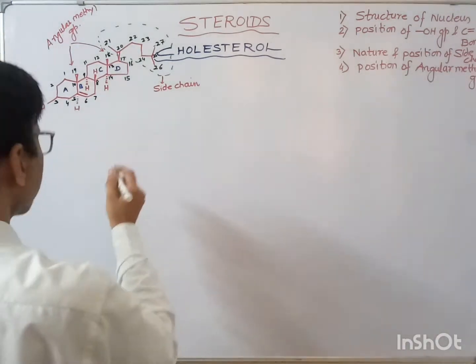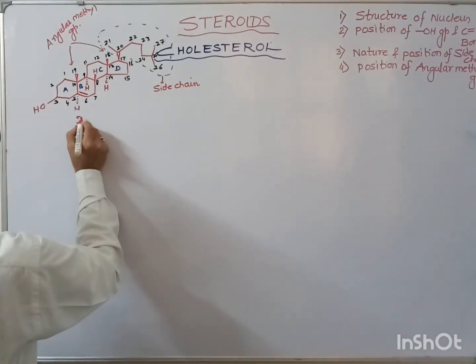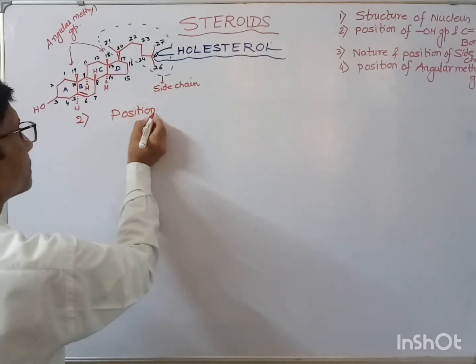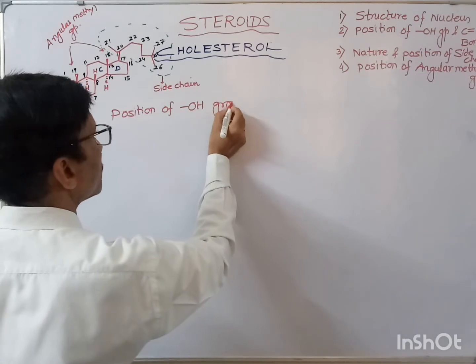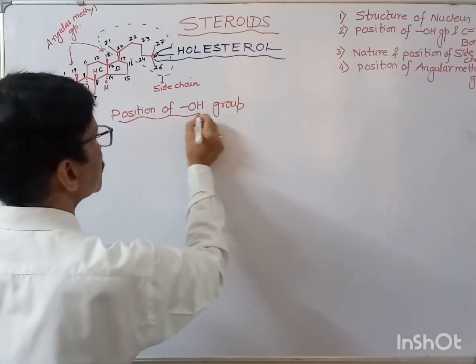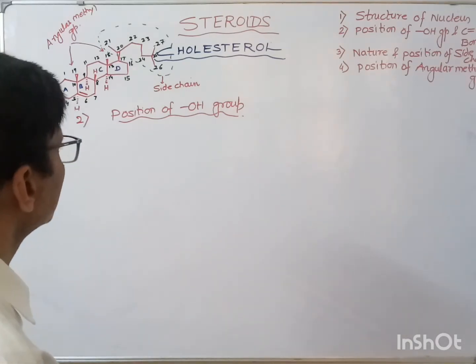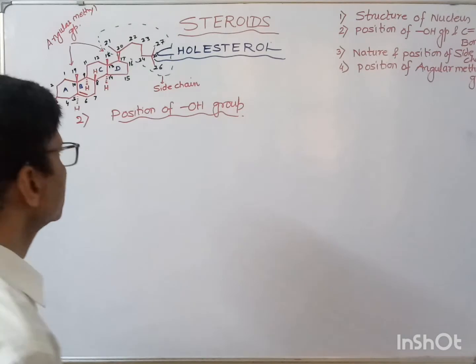Now, second is the position of the OH group. How can we prove the position of the OH group? For this we may see one sequence of reactions.